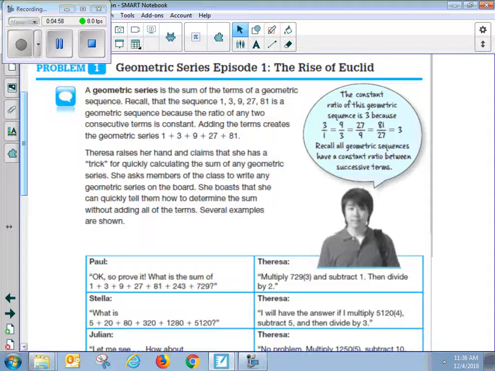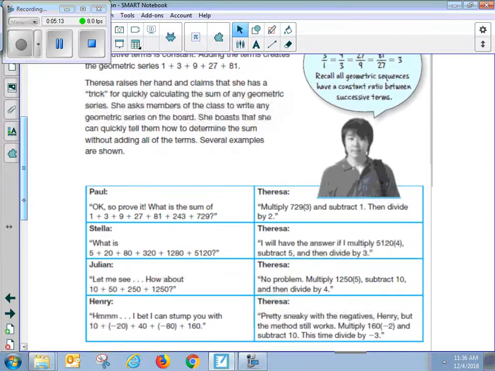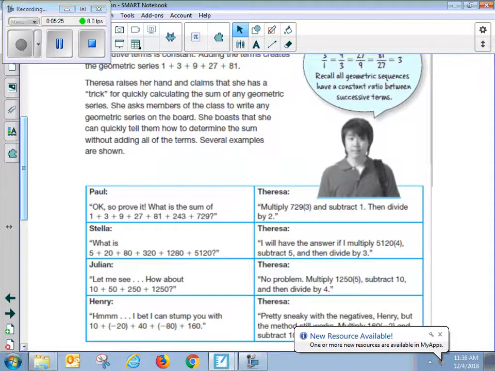So now here comes Teresa, and as they are working with finding the sums, she is boasting, saying she can do this in her head. So she was bragging to the class about this, and then here comes Paul, and he goes, okay, prove it. What is the sum of 1 plus 3 plus 9 plus 27 plus 81 plus 243 plus 729?